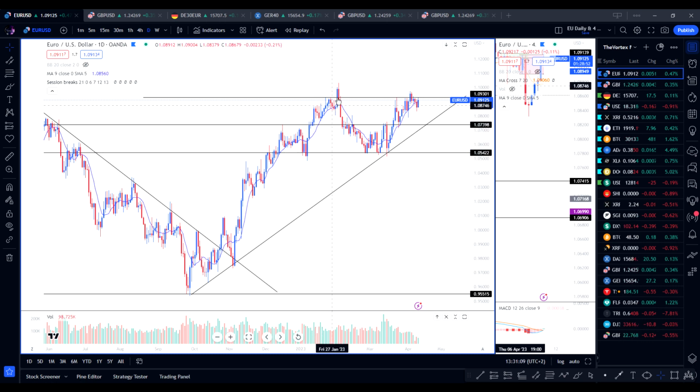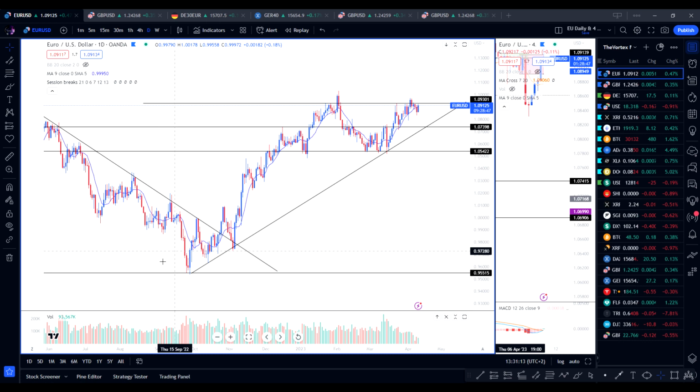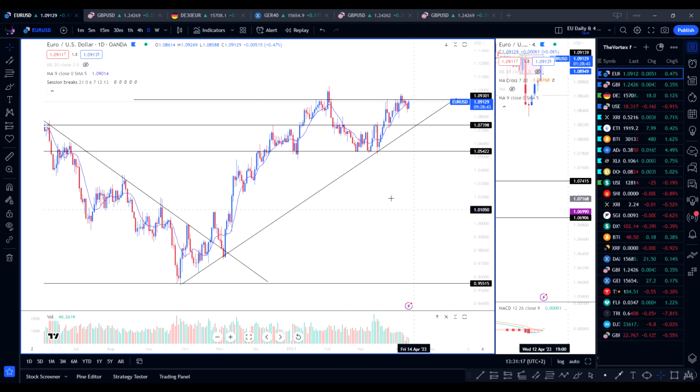This was a support zone. We came back up, we came back down, we retested it, and now we have been bouncing along this ascending trend line. So we established support, resistance, support, support, support, which linked up nicely with this trend line. We did come back down and wicked beautifully on that trend line, and we carried on going higher.